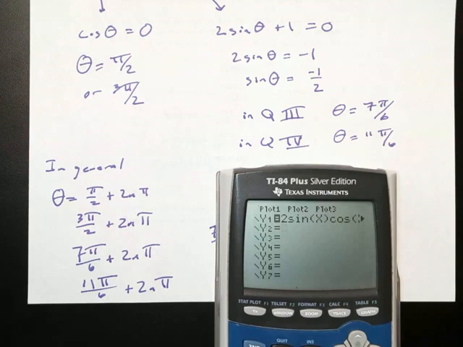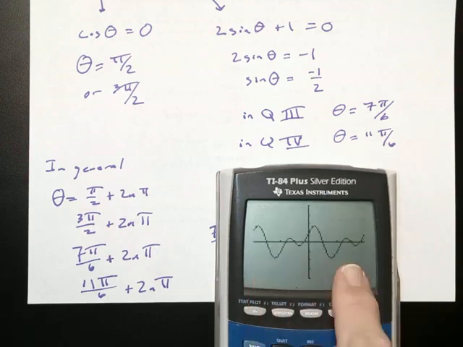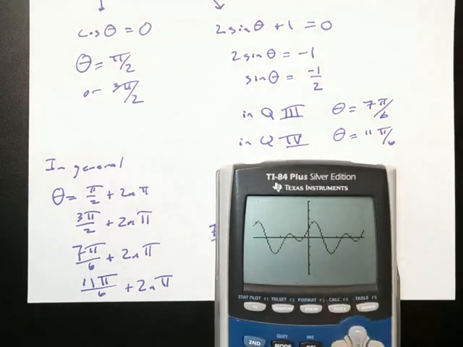I should see a total of 8 crossings of the x-axis. 4 on the left and 4 on the right. Pi over 2, 7 pi over 6, 3 pi over 2, 11 pi over 6. I hope. Let's check. Trace.